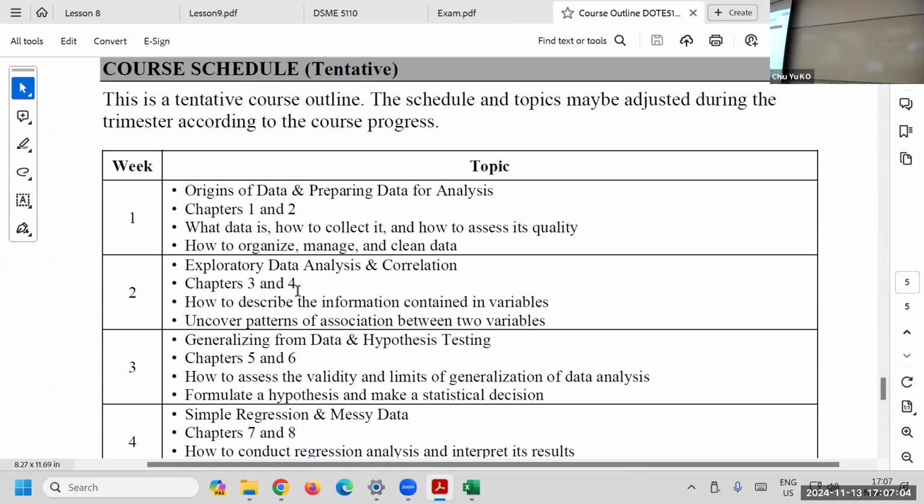How to collect data and how to assess quality, how to clean it, right? Because that is actually what you did in assignments 1 and 2, right? How to organize them, right? How to run the regression, how to clean the data, right? And it's very important. And that's the first part, right? The Python, how to download data from GitHub, right? Or other places, how to upload it to your Colab, right?